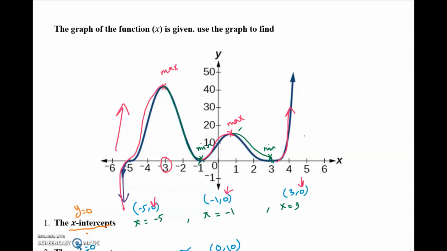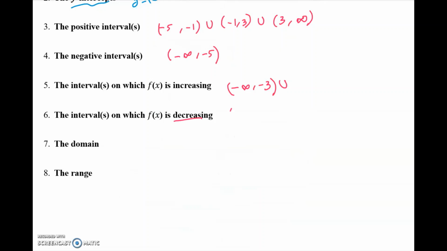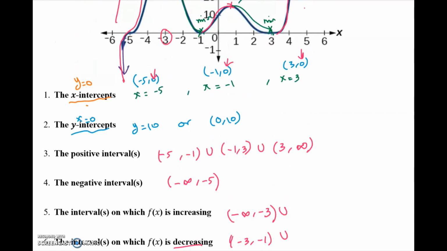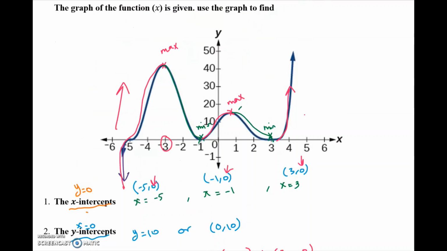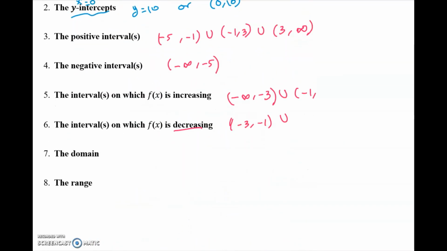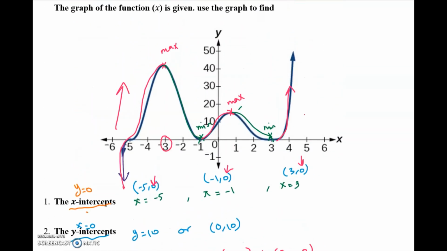It was increasing until it reached a maximum and then decreases. So it decreases from -3 all the way to -1. From -3 to -1, the function was decreasing. And then it increases again from -1 all the way to 1. And again, it will always be an open interval at the maximum and minimum points.